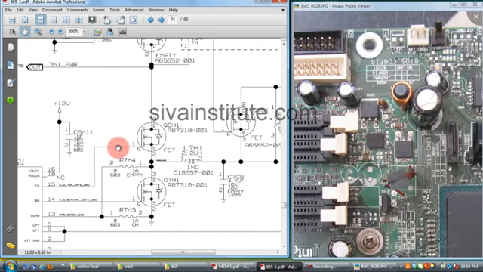When 2 volts are present here, the voltage comes to pin number 2. This is gate, drain, source.